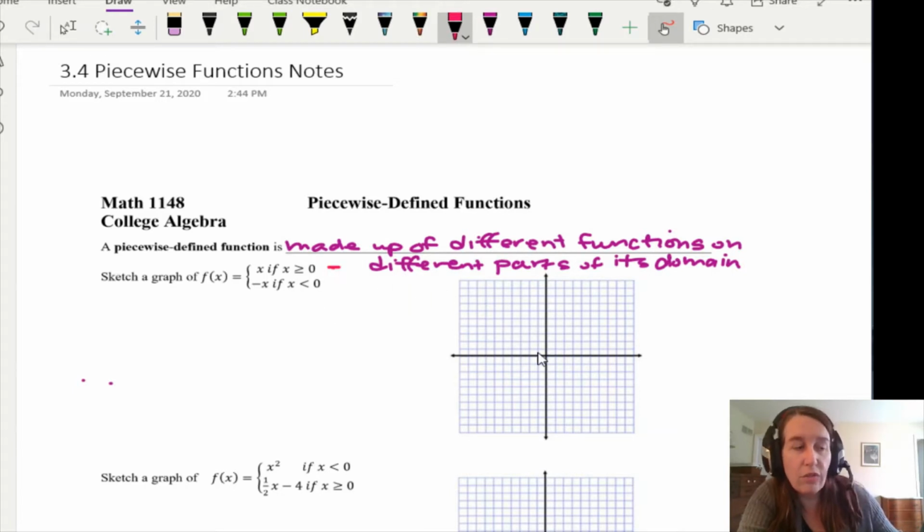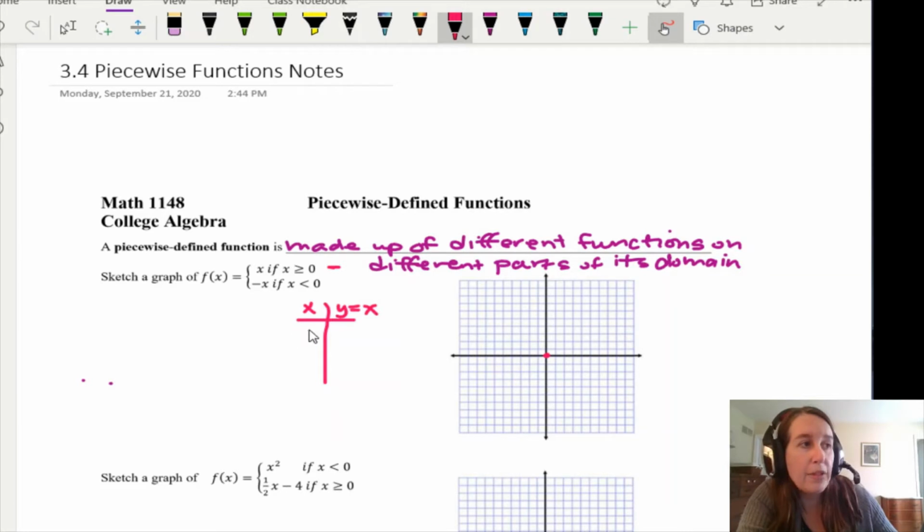So if x is greater than or equal to 0, let's start here at 0, 0. We're putting in 0 for x, and we get 0 for y. So you could do this in a table. If we're doing the function x, then y equals x.